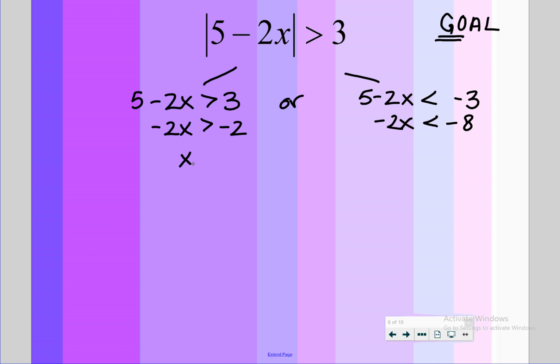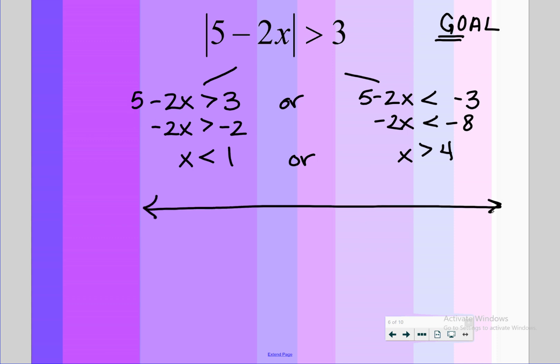Sign flips again. All right, so now it's going to be x less than 1 or x greater than 4. Not equal to, so I'm using parentheses. Less than 1, shade below it, greater than 4, shade above it.